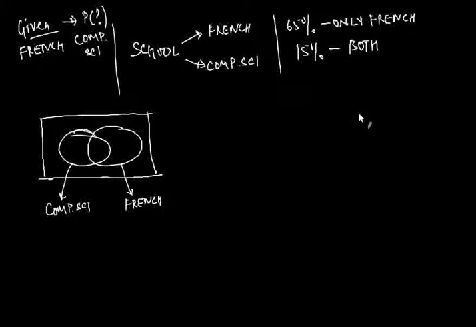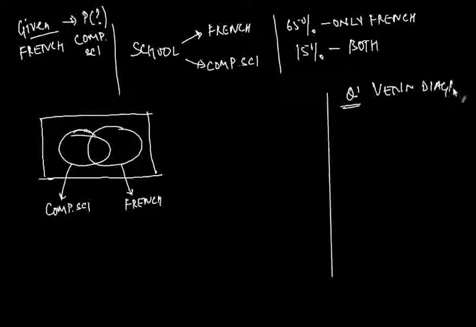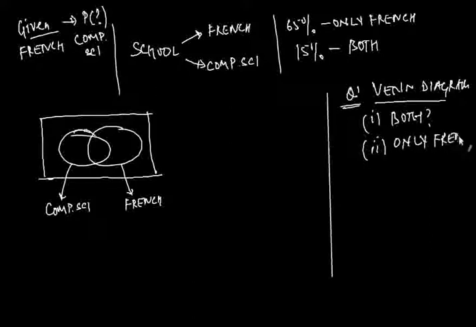My first question is, on this Venn diagram, which area represents the students who study both computer science and French, and which area represents students who study only French? The two things we are given, where are they on the Venn diagram? Take your 5 seconds and then I'll resume.